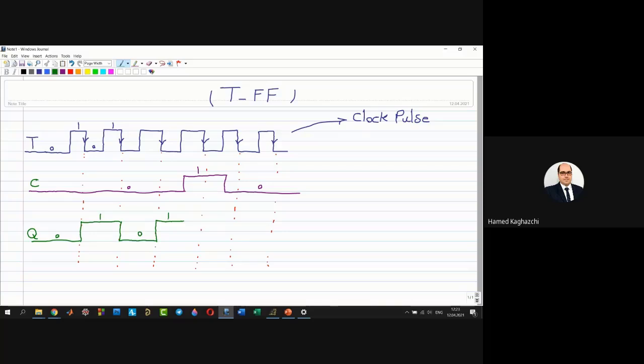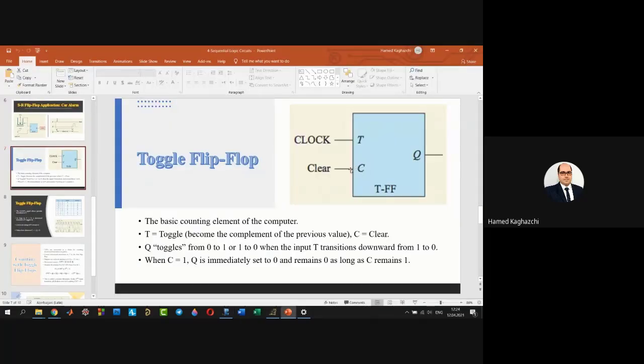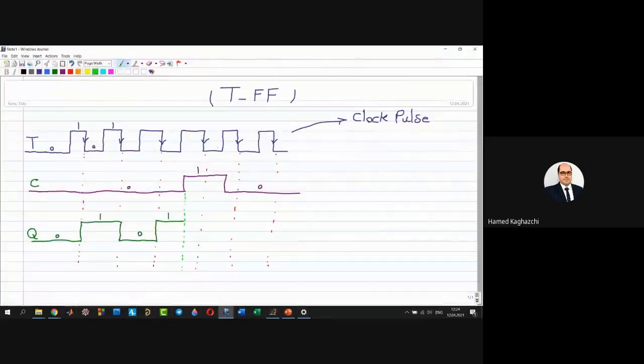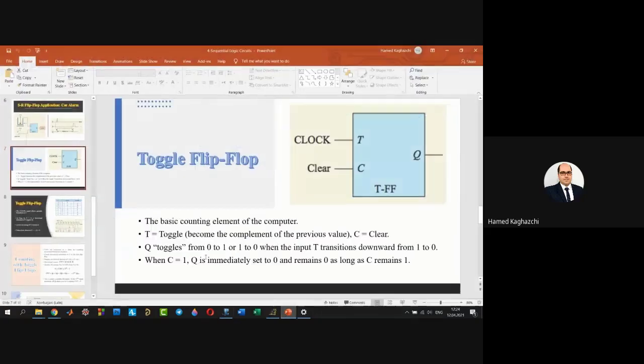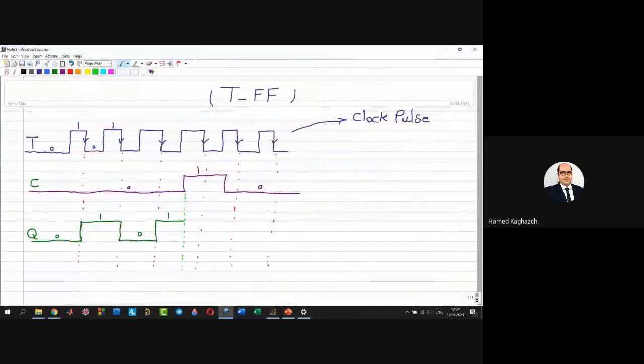Now look at here. At this time, I set the clear, I set this signal, this input, to 1. And I said that when my C is 1, Q is set to 0 and remains at the 0 level as long as my C remains 1. What is the meaning of this sentence?